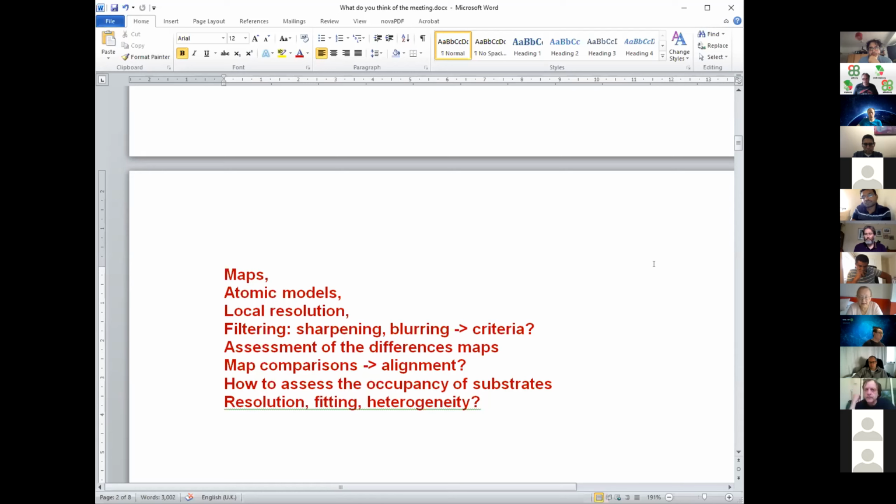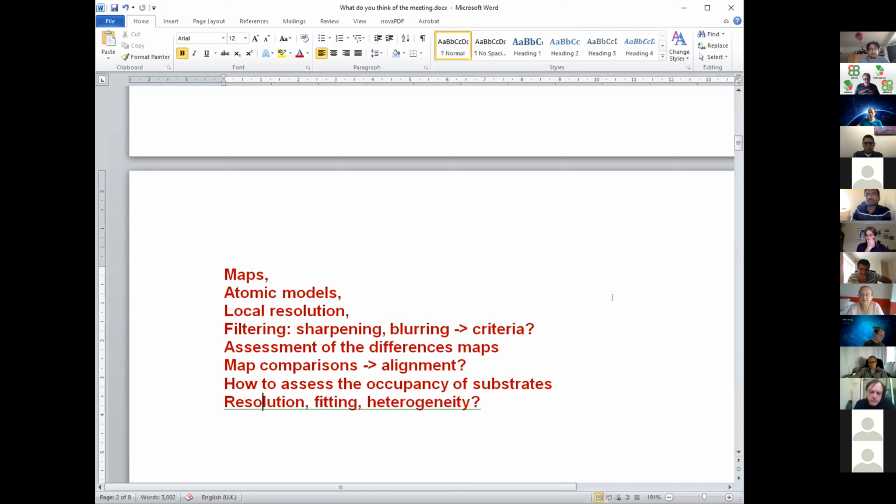And I have to admit, I was reviewing a paper months ago. The map was not of high quality. Fitting was absolutely wonderful, though from my point of view it was pure fantasy. It didn't correspond to anything.